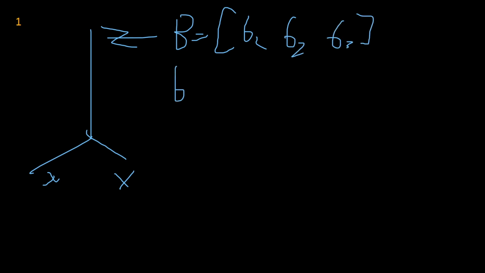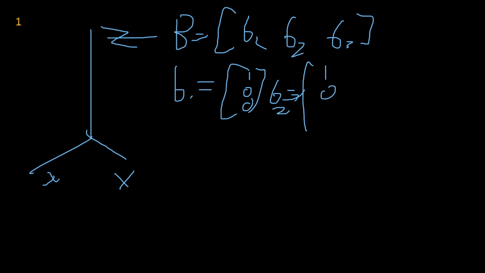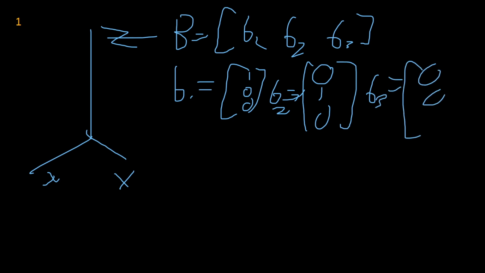B1 is (1, 0, 0), B2 is (0, 1, 0), and B3 is (0, 0, 1).